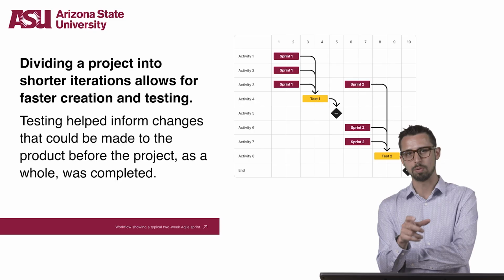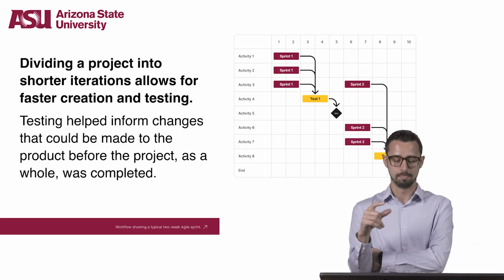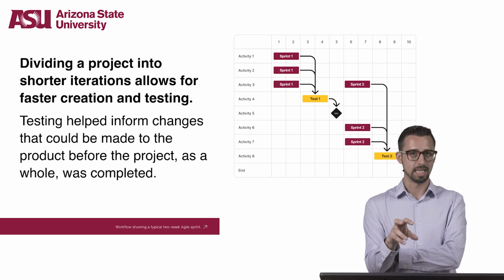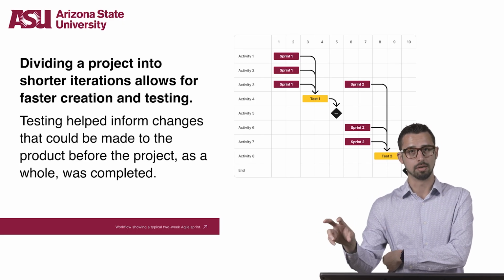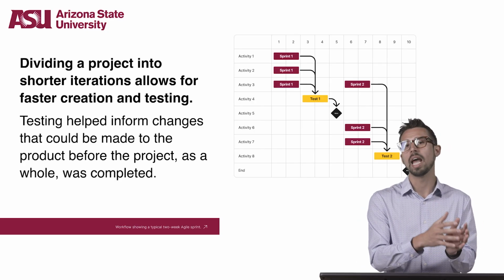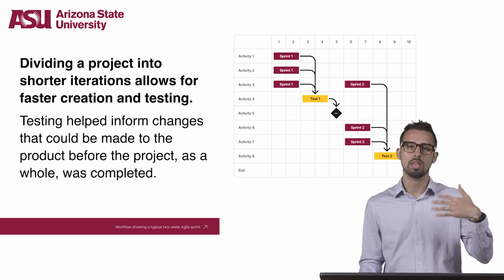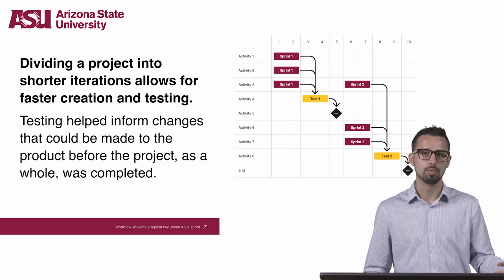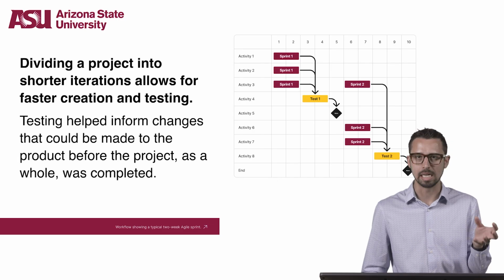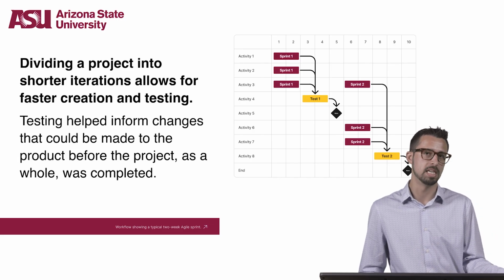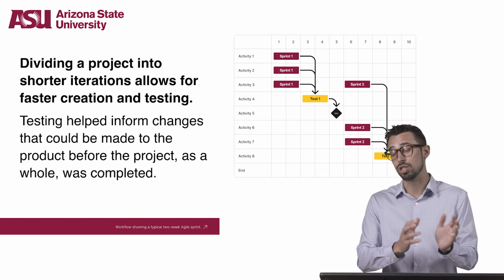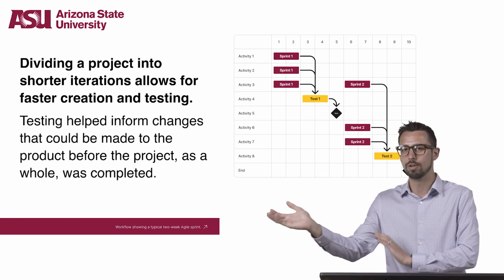Reviews called sprint retrospectives, which are the black diamonds that I've shown on this graph here, would take place at the end of each iteration cycle, which comprised an iteration sprint and testing. Then those test results would inform changes that could be made without having to wait for the end product to be completed. So you're sort of getting feedback as you progress through the project.